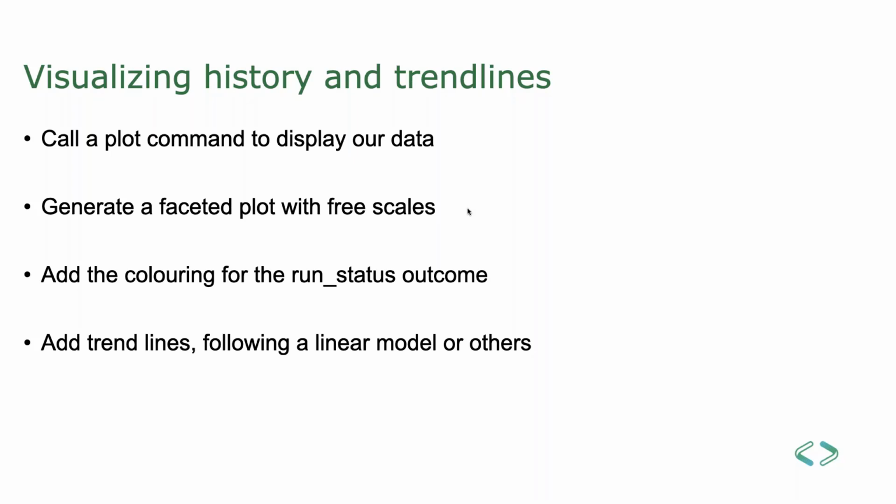We can't really get detailed information if we have one job that takes extremely longer than the others. Okay. We can add the coloring for the status, so we see if it's red, something is still wrong apart from the runtime. If it's black, everything's okay. And we added the trend lines, either following a linear model or others.